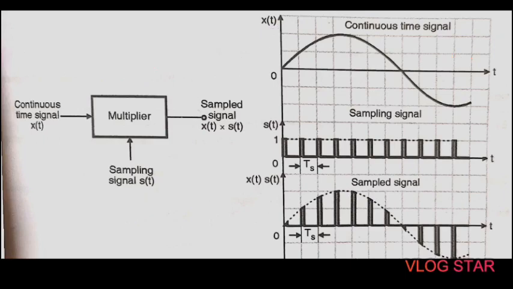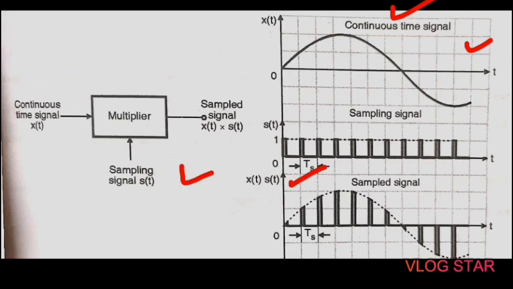So this is the continuous time signal, the signal which is having continuous amplitude with respect to time. Next, the sampling signal s of t is a periodic train of pulses of unit amplitude and a period of Ts. Here we can see the time period Ts as shown in this figure. The pulses are very narrow and have a width dt.